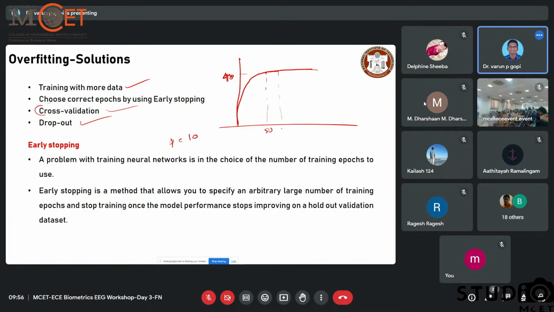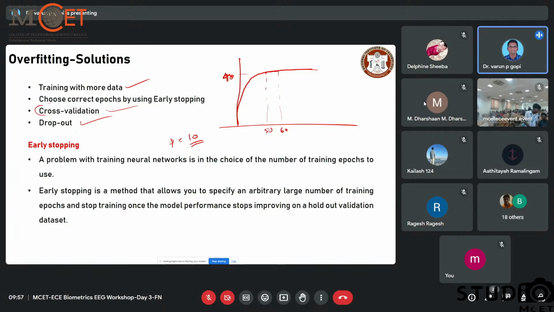That means 60 or approximately 60. So from 50 you have a patience of 10. After reaching 60, if I am getting the same accuracy, it means if I go beyond this, it won't give a better result, so my model is going to overfit.